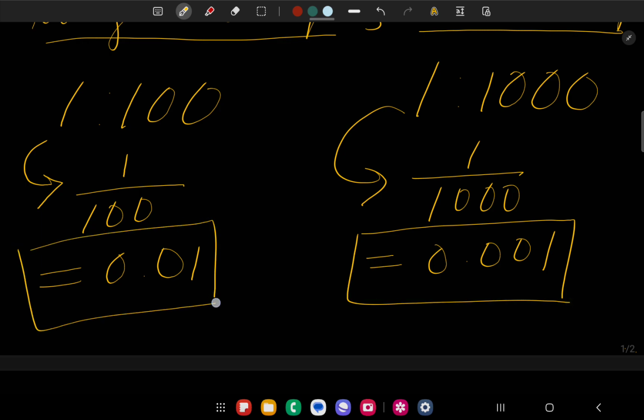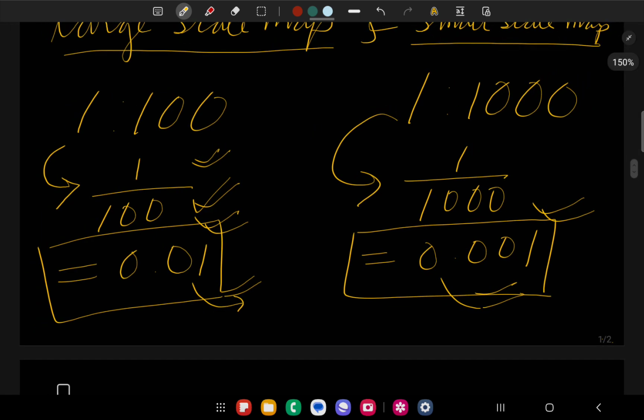All right, so see the value, which one is bigger? This value is bigger than this one. So this 1:100 will give more details about an area. So this one on the left hand side, we will call a large scale map compared to the right one.